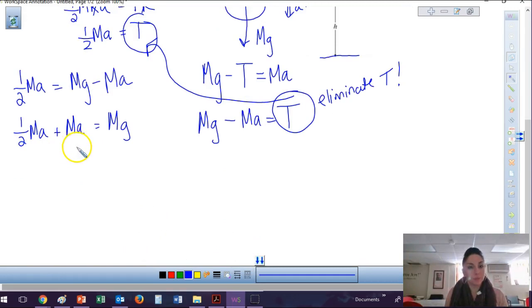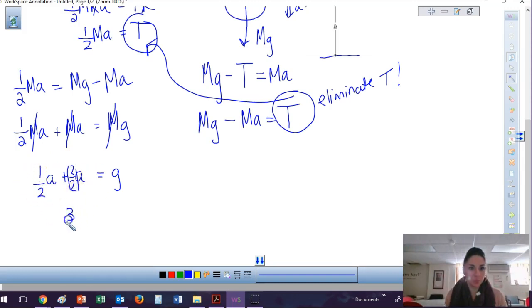Alright, if you notice, we have m's in every term, and because of that we could get rid of them. So now I have 1/2 a plus a equals g. Just being careful here. So 1/2 plus, essentially this is the same as 1, right?